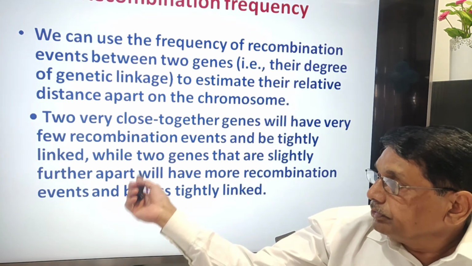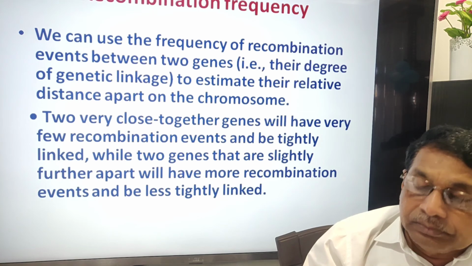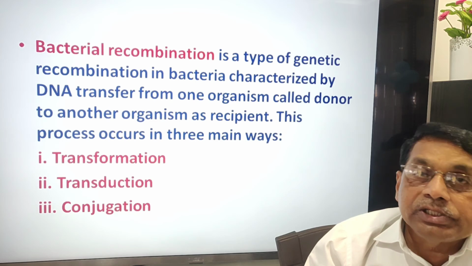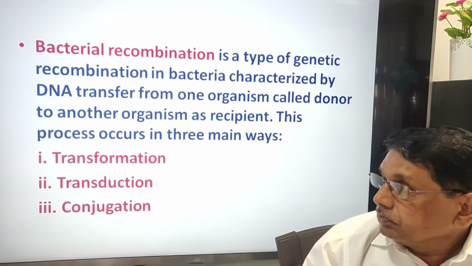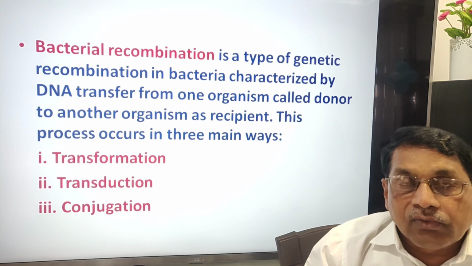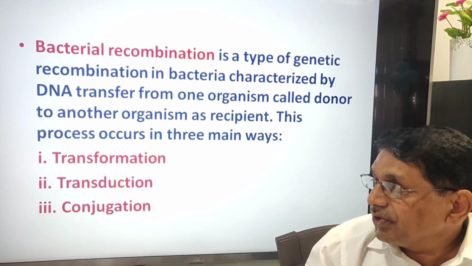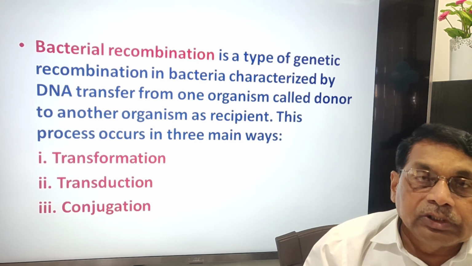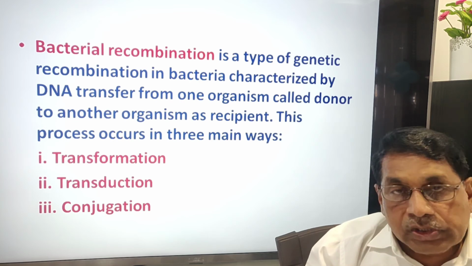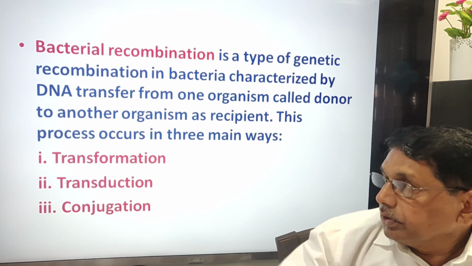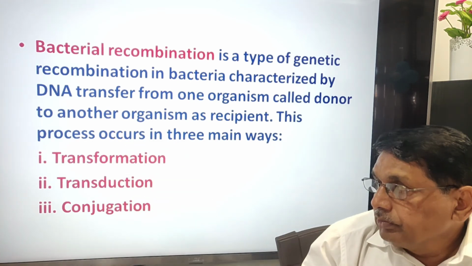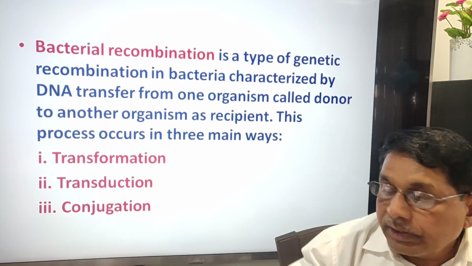In bacteria also, recombination takes place through well-established processes: transformation, Griffith with Diplococcus pneumoniae; transduction, which is mediated by phage; and conjugation, Lederberg and Tatum, through the conjugation tube.